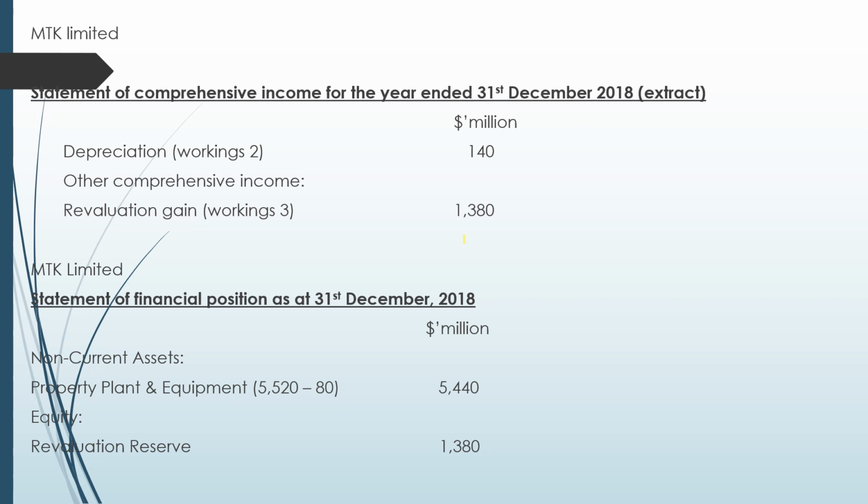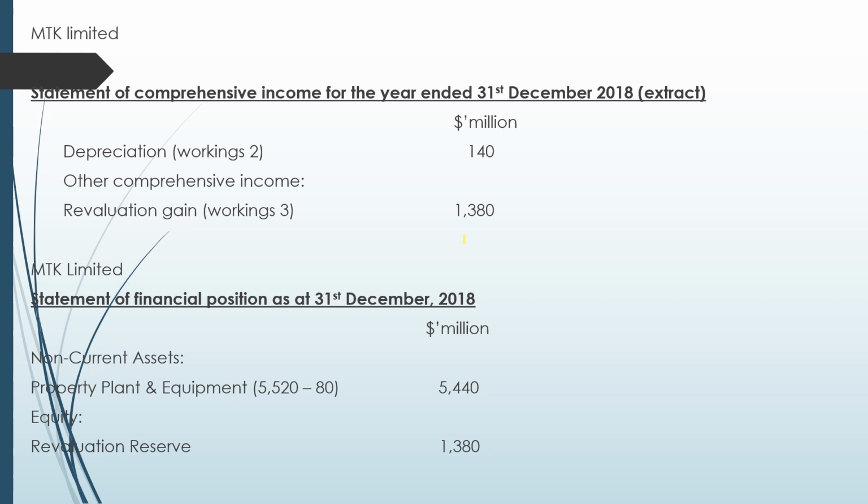So in this question, we do not have impairment loss, so we have depreciation. So after the revaluation, the depreciation that we incurred was the 80, if you remember. It was the 5,520 over the remaining useful life multiplied by the remaining half of the year. So that gave us 80. So when we subtract, we will be left with 5,440 as the carrying amount of the asset at the end of the year.